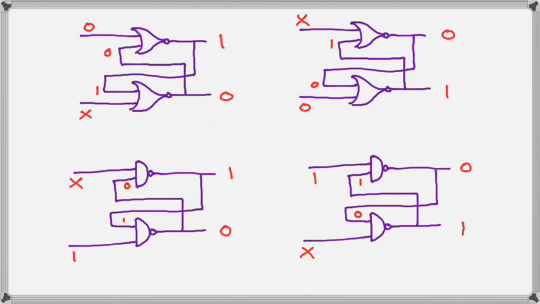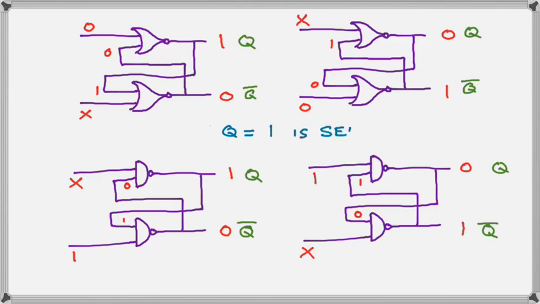One last thing we have to do, and that is we have to label our outputs Q and Q bar. This makes sense because they're opposite. And we can say then that when Q is a 1, the flip-flop is set, and when Q is a 0, the flip-flop is reset.